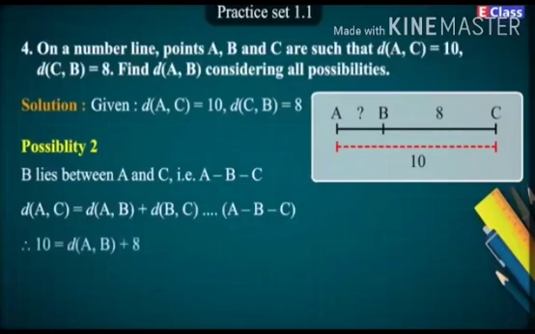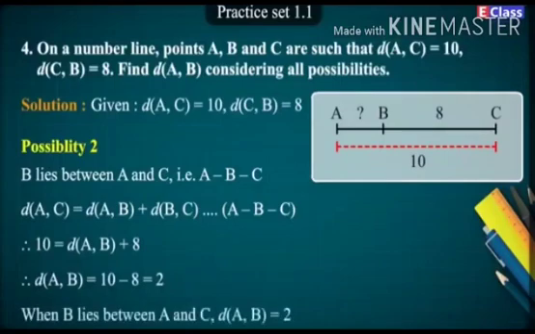Therefore, 10 is equal to distance of AB plus 8. Therefore, distance of AB is equal to 10 minus 8, which is equal to 2. When B lies between A and C, distance of AB is equal to 2. Answer: distance of AB is equal to 18 or 2.